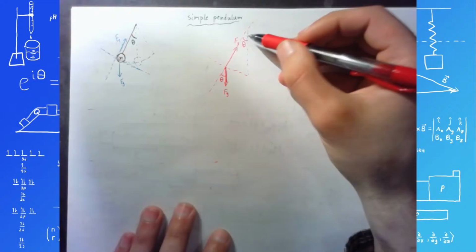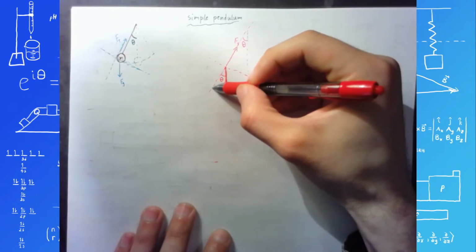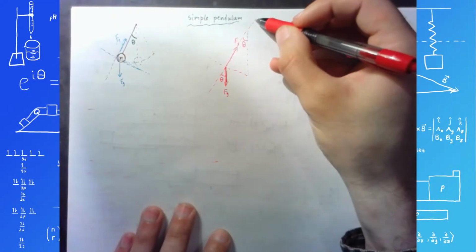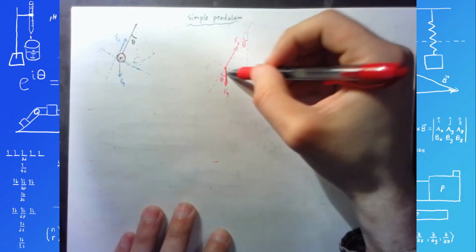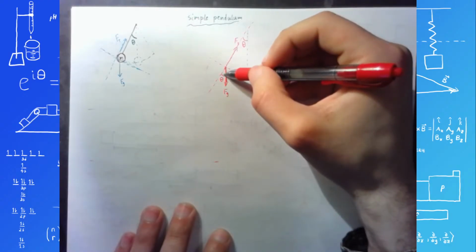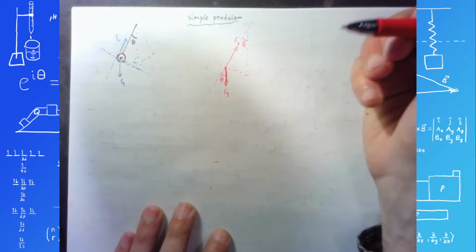Both of these angles must be the same because it's that same line intersecting a vertical here and intersecting a vertical here. So the angle with the vertical must be the same.